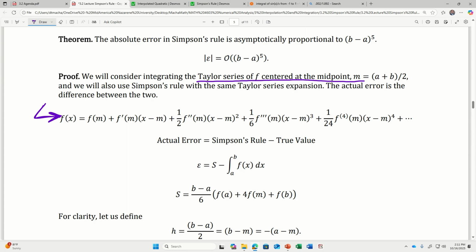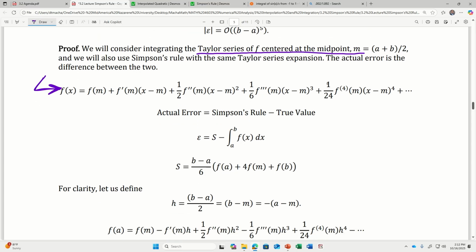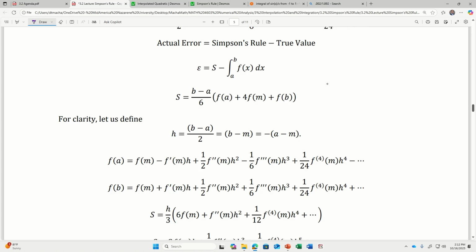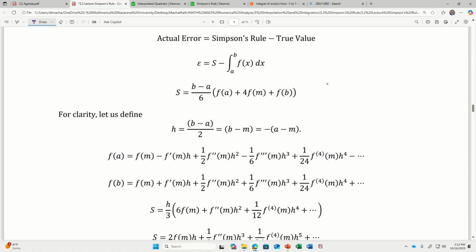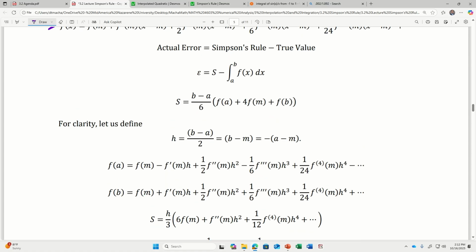Then we're going to say my actual error is Simpson's rule minus the true value of this integral. So capital S is going to represent Simpson's rule. We are going to once again use a little lowercase h to mean half of the distance from the lower bound to the upper bound.